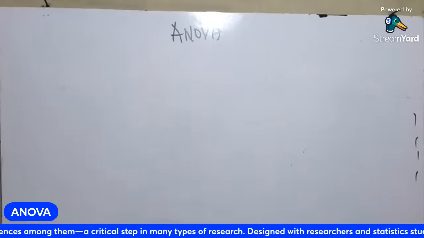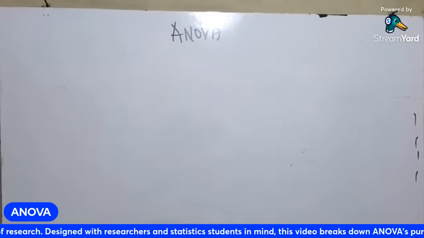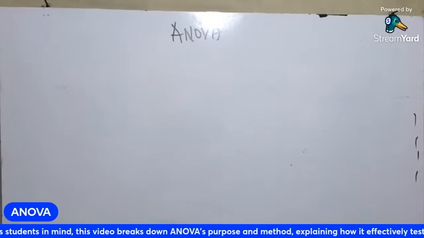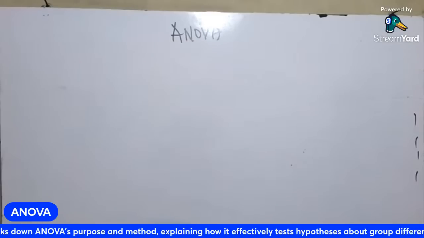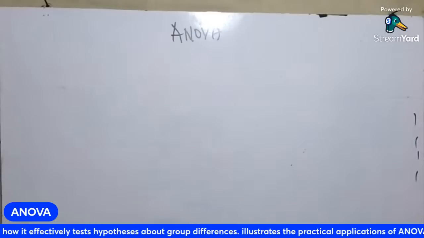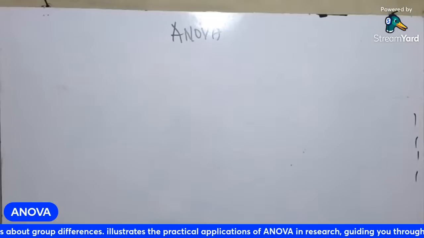So what is ANOVA again? I've said the full meaning of ANOVA is analysis of variance, and it is an inferential statistical test that we use to determine if the differences among 3 or more sample means are statistically significant.